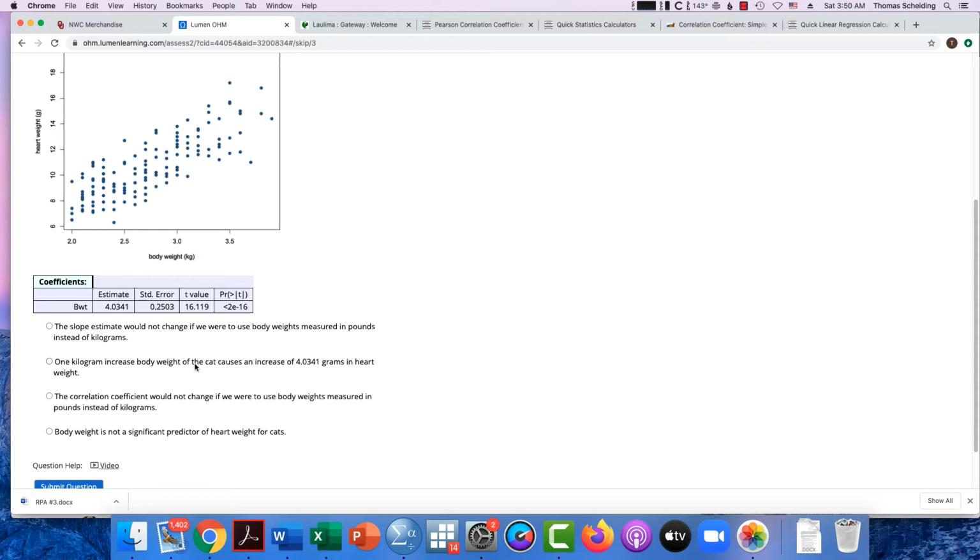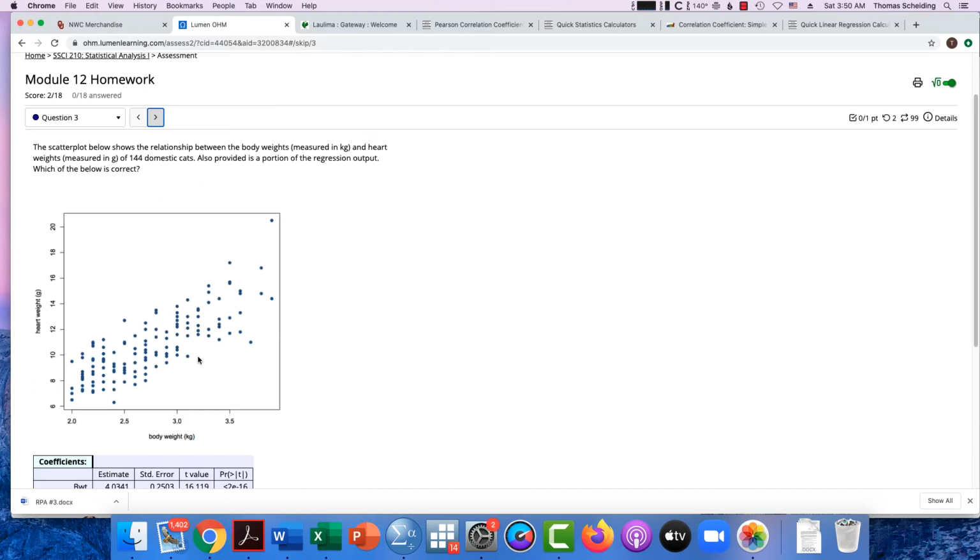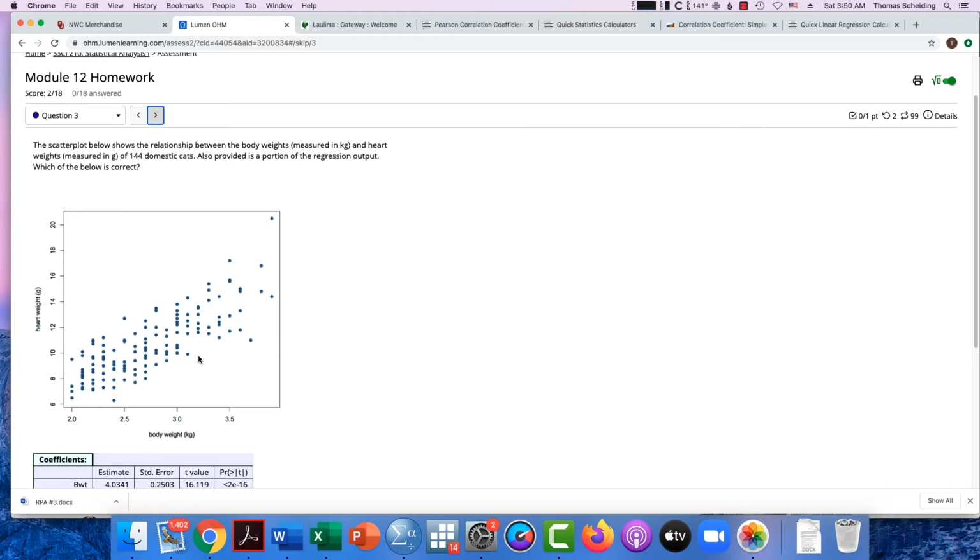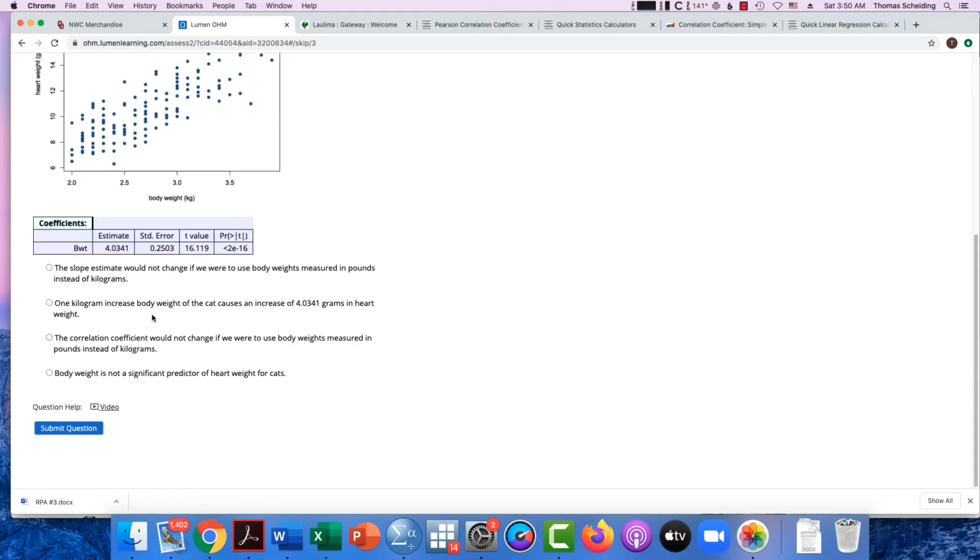Well, in this case it's actually the opposite way around here, because we're doing body weight for heart weight. It's all in the nature of what's our dependent versus our independent variable. Basically for this part it's switched.